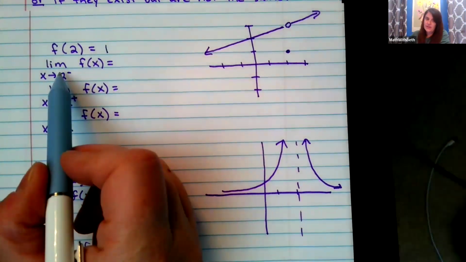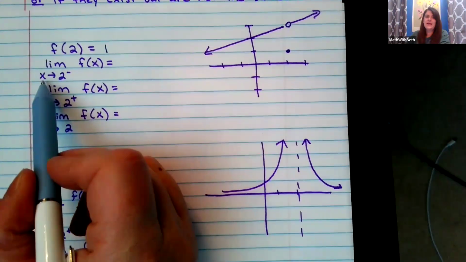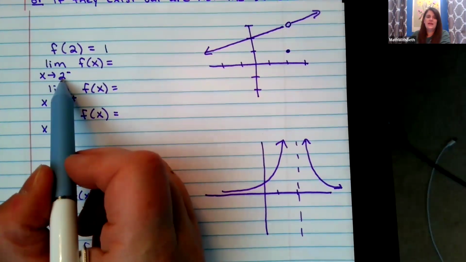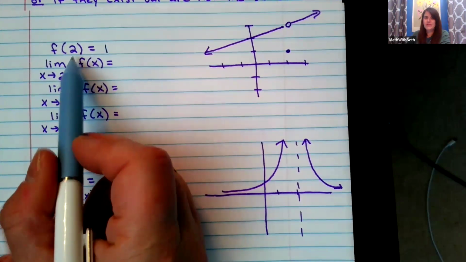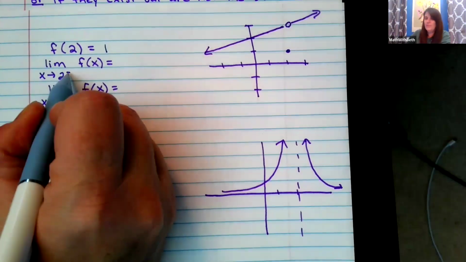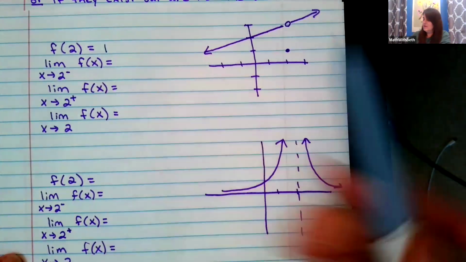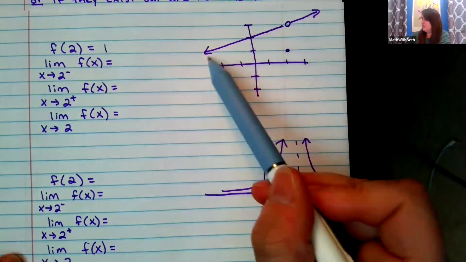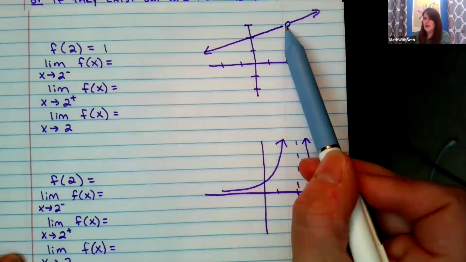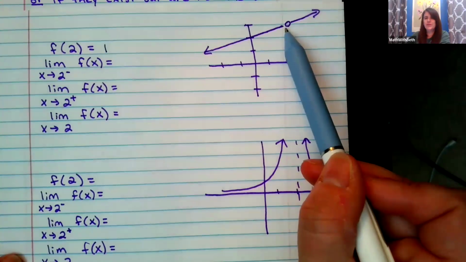Now, this notation is saying the limit as x approaches 2. So this is different than saying what is happening at 2. It's saying we're approaching 2, and this little negative up here means from the left side. So on the graph, it means go to where this graph is heading towards 2 and see what number it is approaching.